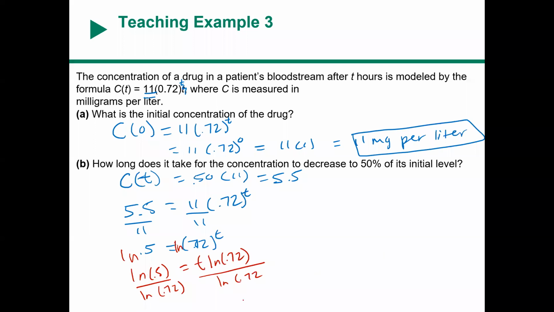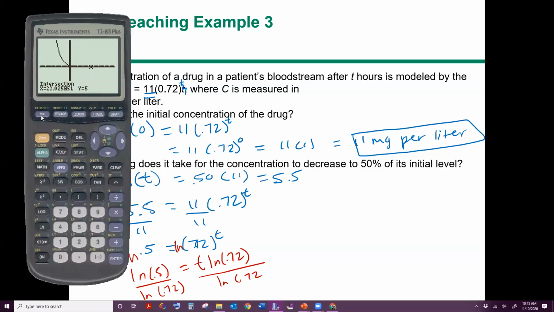I'm going to put that in the calculator. So I have natural log of 5/10 divided by natural log of 72 hundredths. And that gives me approximately 2 and 11 hundredths.